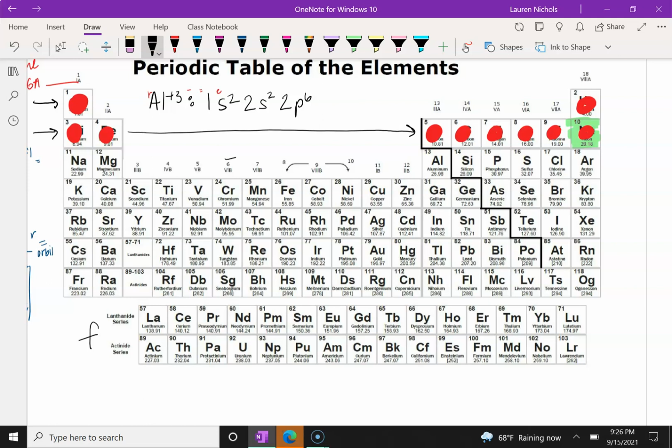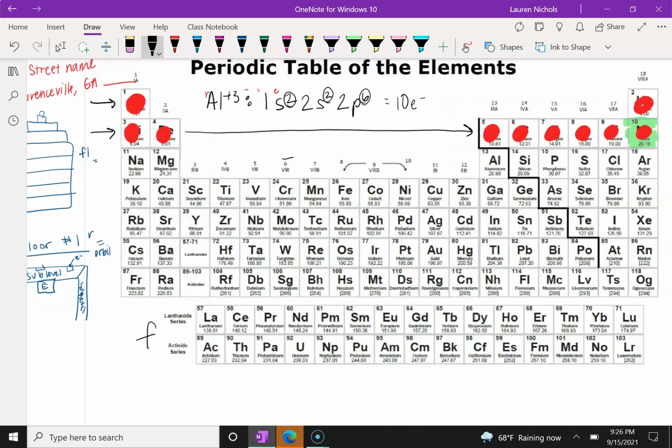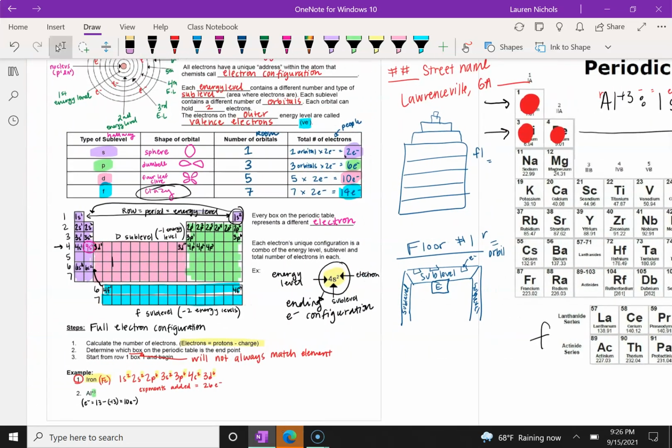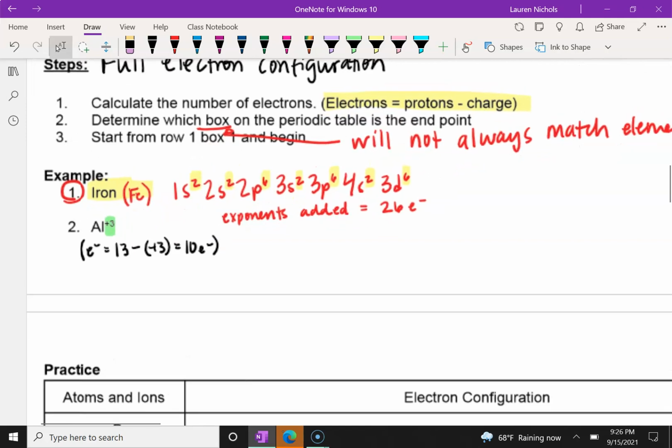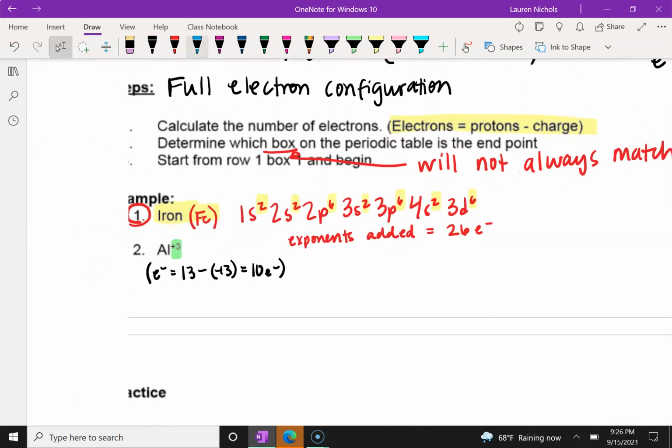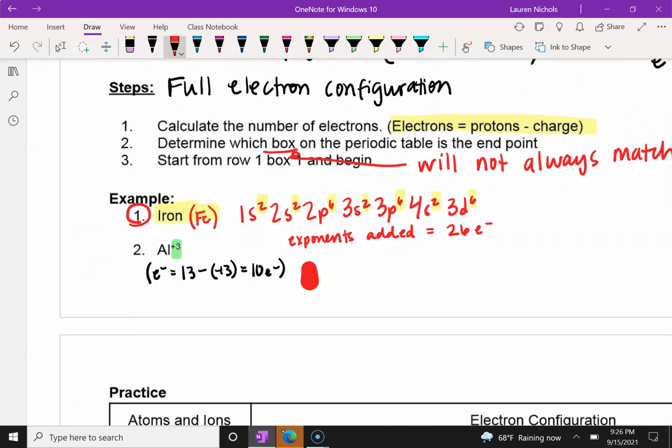And so 2 plus 2 plus 6 equals 10 electrons. And so I can see that here. Okay, so let me write that in our notes. So we have 1s2, 2s2, 2p6.